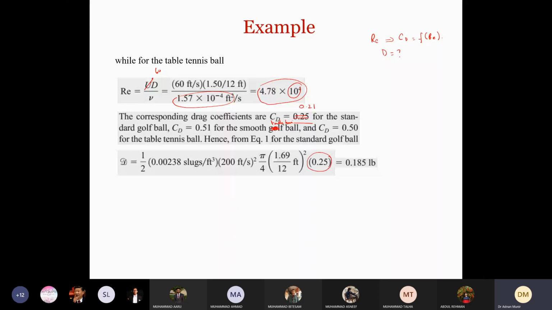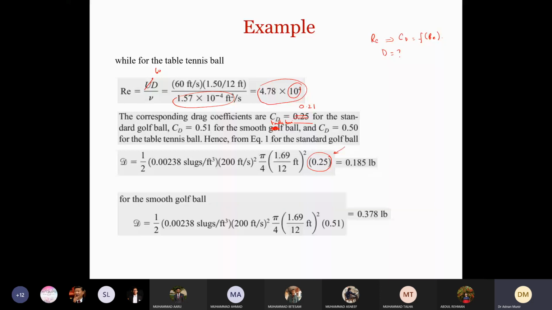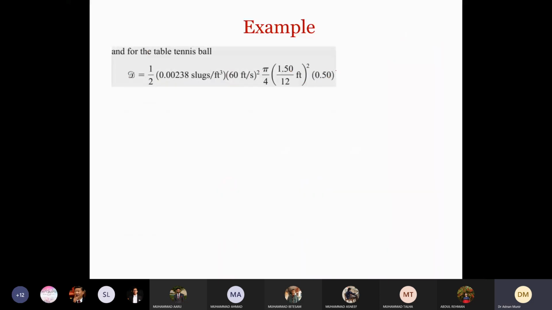Whatever value you work out from that plot, you can use here. For the smooth golf ball, the value of CD is 0.51, and he gets a drag force of this much. For the table tennis ball, he is using CD of 0.5 to calculate the drag force. This is how we work out the value of drag force.